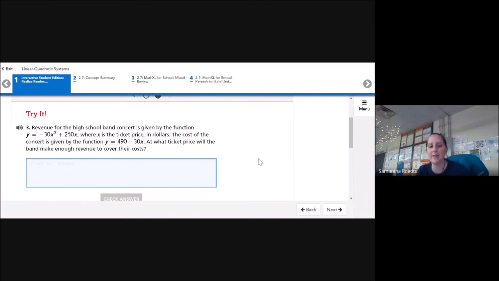So I'm looking at the x values, which were 2.333, which is about $2.33, and 7, that's where they cross. Okay. So the band will make enough revenue to cover their costs between ticket prices of $2.33 and $7.